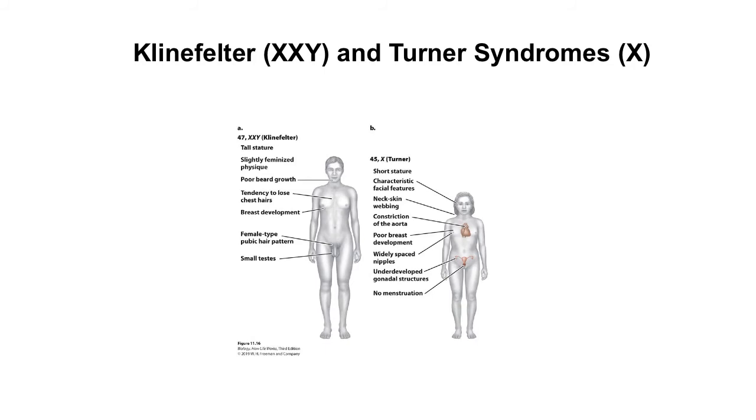It appears as if the X or Y chromosome changes or abnormalities have fewer effects than the extra chromosomes that are not sex chromosomes. The non-sex chromosomes, by the way, are called autosomes. Just for you to know the technical term. So an example of this is chromosome number 21.